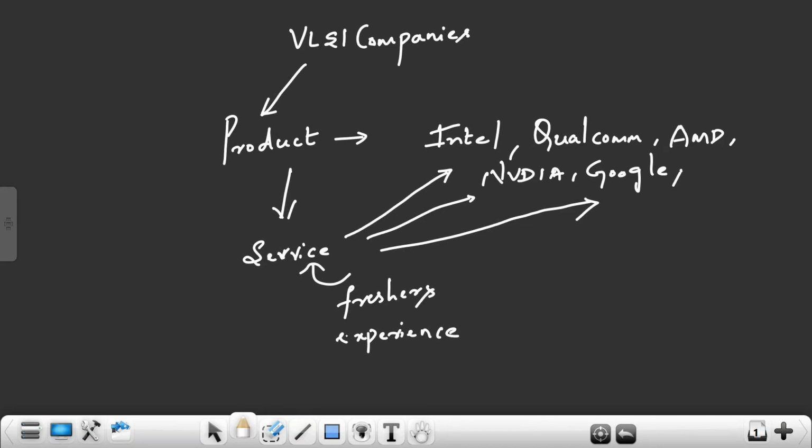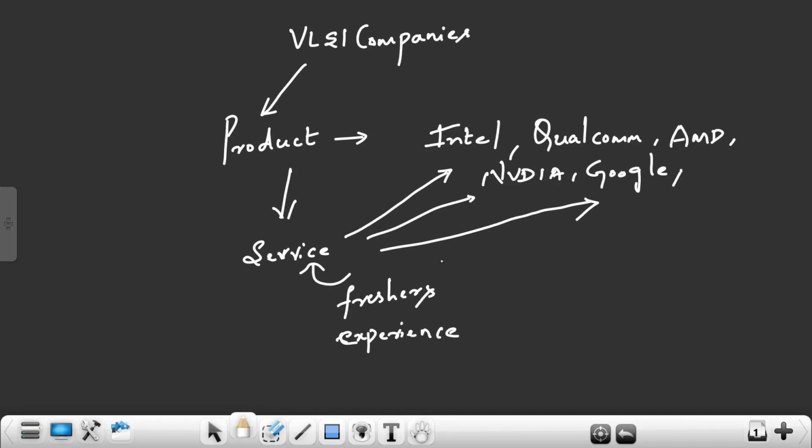Rather than hiring experienced people, they'll hire freshers, train them, and send them to the projects of product-based companies. Product-based companies pay the salaries to the service-based company. The service-based company will keep their portion and pay the remaining amount to you. Thereby they will make a profit.